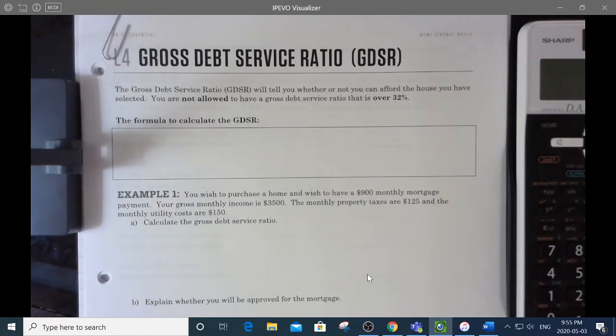If you've ever heard the phrase house poor, there are some people who have such a high mortgage compared to the amount of money that they bring in, their salary and their earnings, that really all they can afford to do is pay their mortgage. They can't afford to keep vehicles on the road, or they need to visit food banks because they're having a hard time affording groceries.